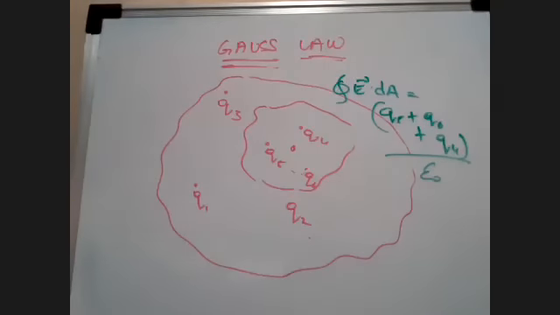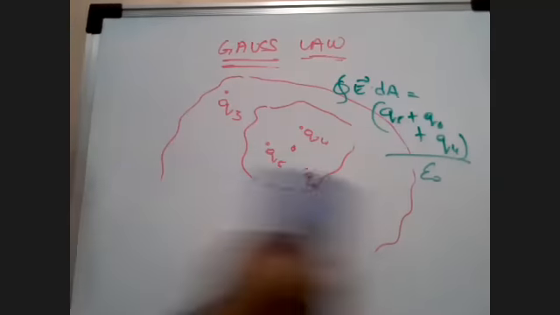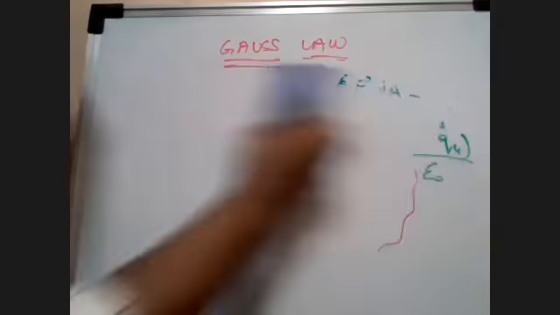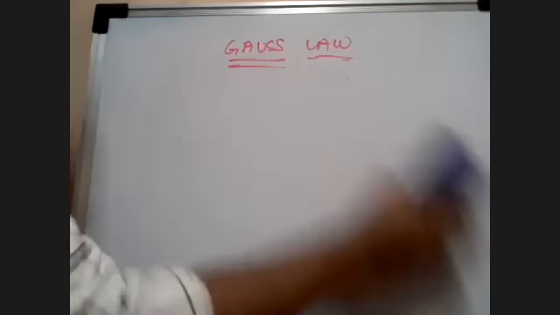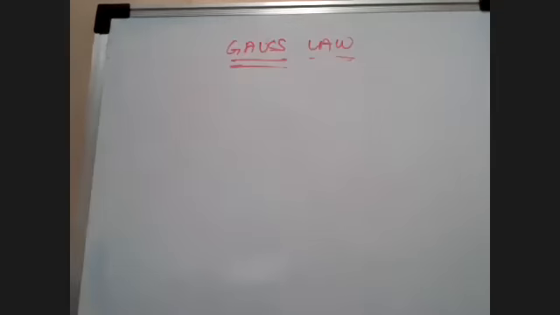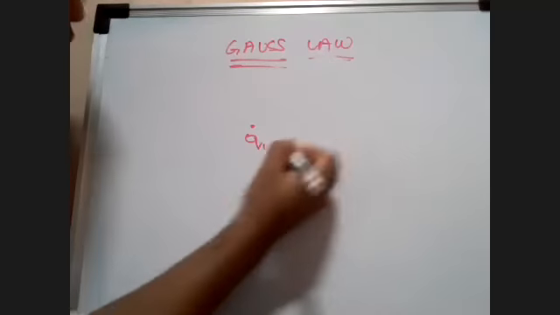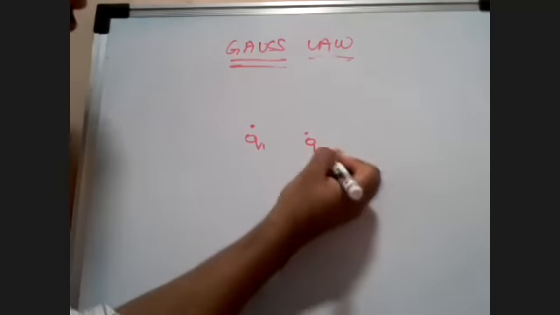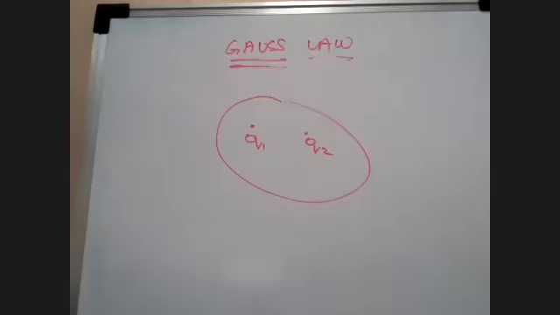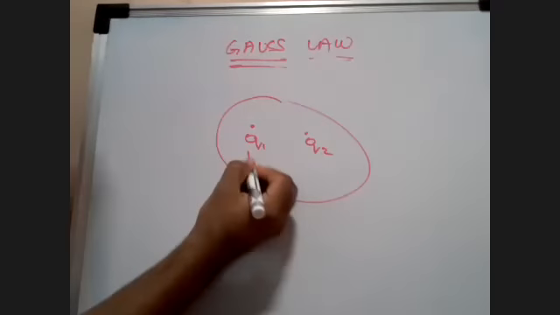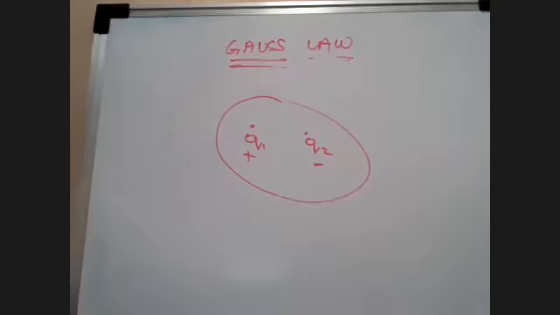One small thing before the class ends, there are only 5 minutes left. I want you to find out, if I put two charges inside a Gaussian surface, let's say q1 and q2, considering q1 as positive and q2 as a negative charge, what is the entire flux equal to?